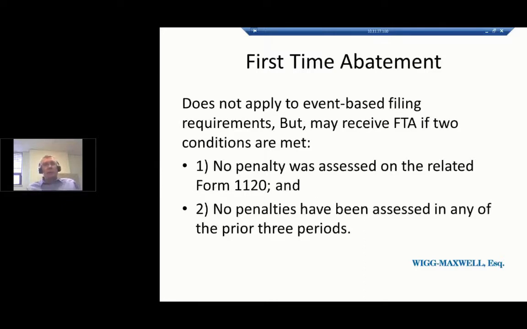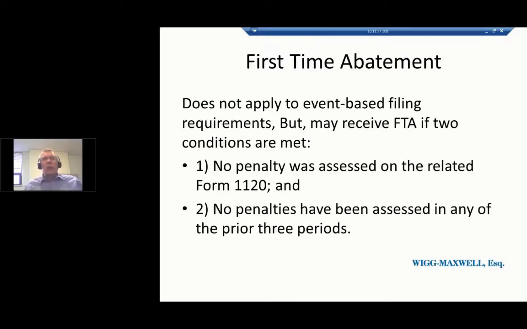If you get a penalty for failure to file 5471, look at the first-time abatement rules for penalty relief. Normally, you might not think of this because the first-time abatement program states that it does not apply to event-related situations, and the failure to file a return is defined as an event-based filing.